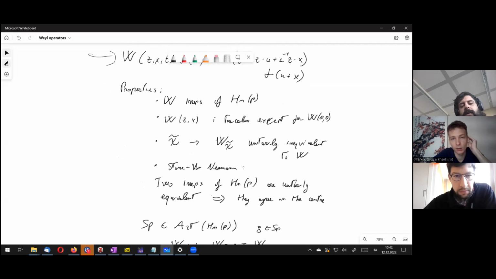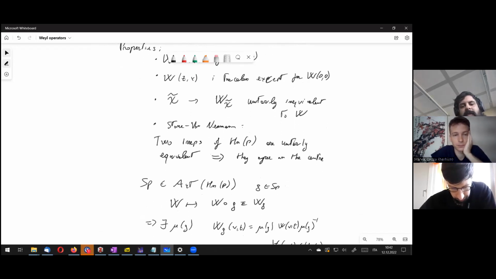Then I mentioned the Stone-von Neumann theorem, which basically says that two irreps of the Heisenberg group are unitarily equivalent only if they agree on the center. So basically they are associated with the same character, as a little abuse of notation.